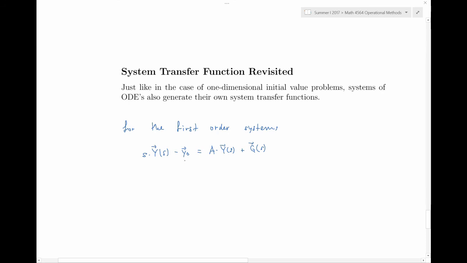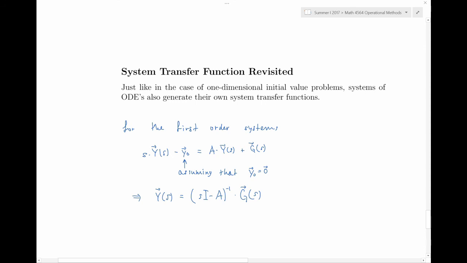So if the initial conditions are 0, and I mean the 0 vector, that all components of the initial conditions are 0, I get that y of s can be written as a matrix multiplication of the inverse times the Laplace transform of the input.